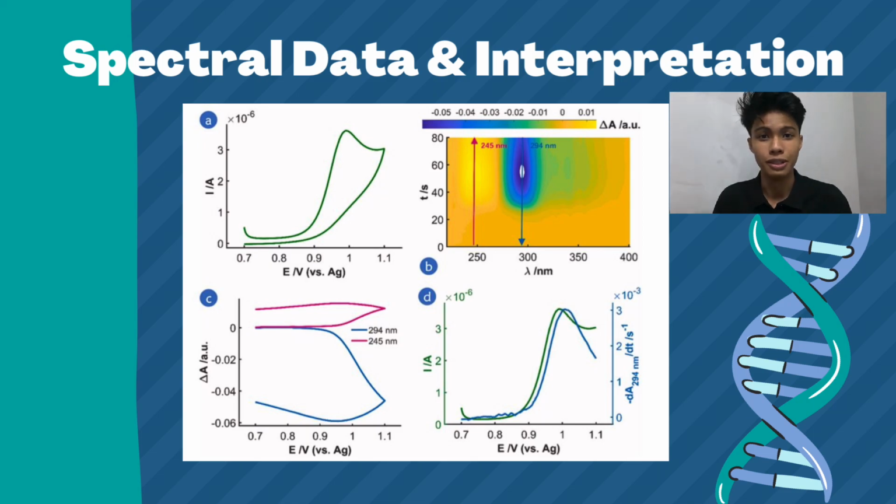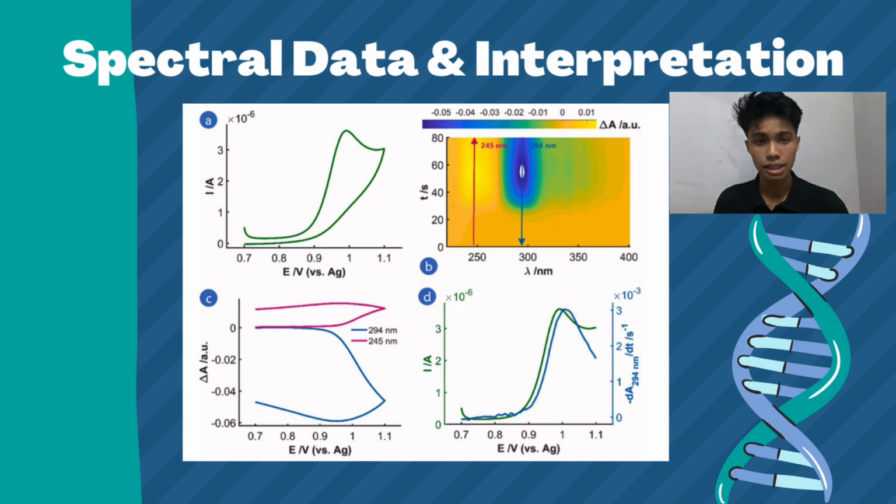Okay, so now for the spectral data and interpretation, as you can see in the data we gave. In the UV-Vis spectra, ofloxacin shows three main absorbance peaks at 245, 294 and also 340 nanometers. Uric acid, which is naturally found in urine, also absorbs at 286 nanometers and can interfere with the detection.